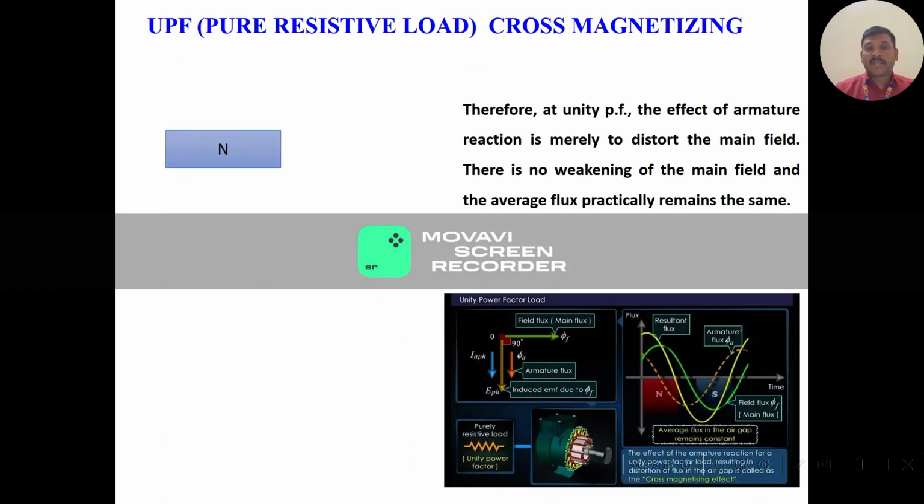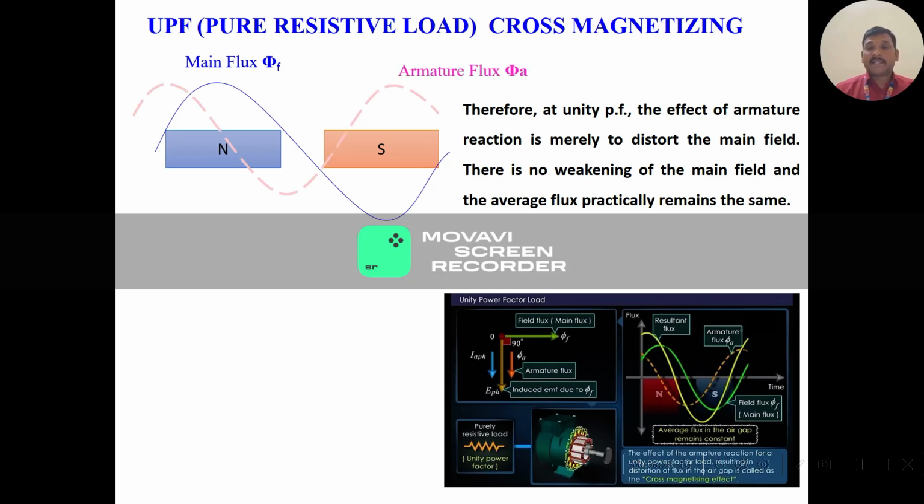This is the animation for the pure resistive load. We are considering north and south pole, and this is the main field flux created by the field current IF, and this is the armature flux created by the armature current.